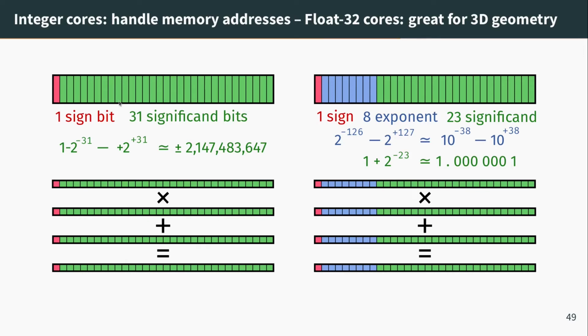So you have a stack of 32 consecutive contiguous bits. Basically, the first bit is like a sign. And then you have 31 significant digits, or bits, like digits in base 2. And so here there's a typo, there should be a plus. This allows you to represent numbers between -2 billion and +2 billion.